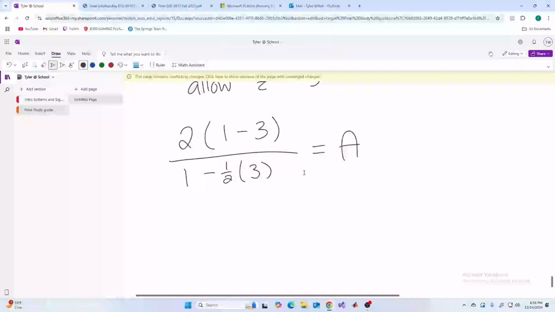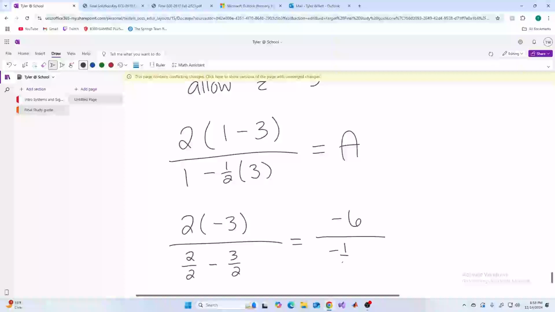So then I have 2 times negative 3 all over 2 over 2 minus 3 over 2. So that's going to equal negative 6, all divided by negative 1/2. So this should equal 12, if I'm not mistaken.